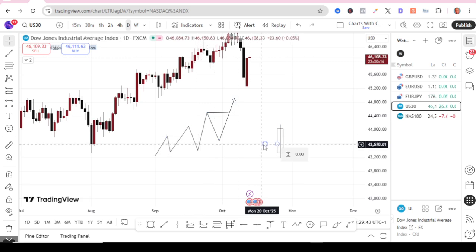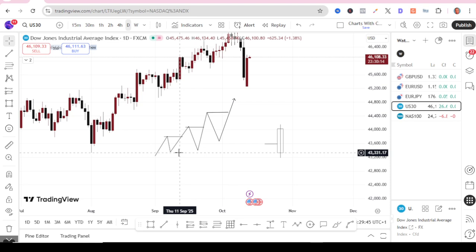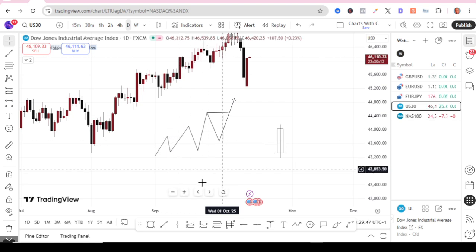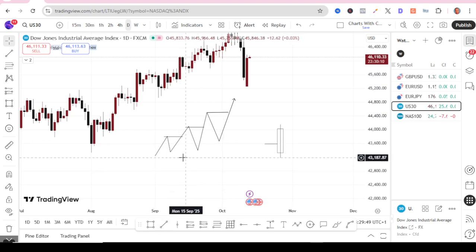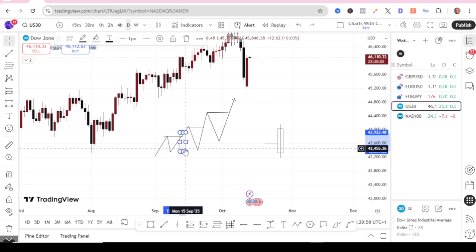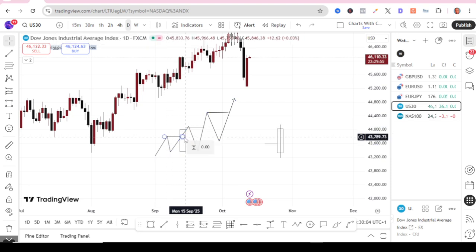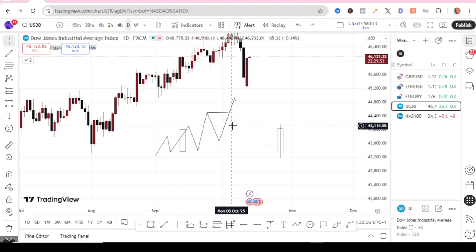So basically let's take this as this high, and the candle would break above this high like this. When a candle closes above a previous high like this, we call it a valid break of structure, right? So that is one thing you need to know.